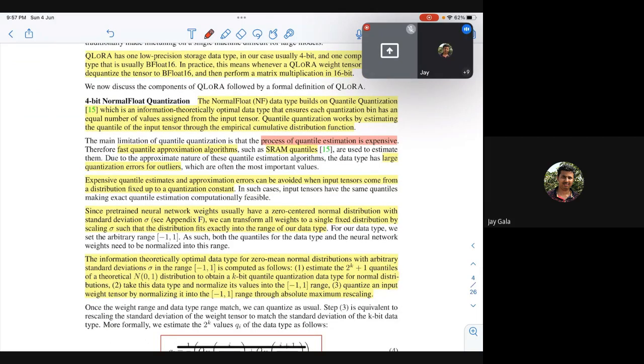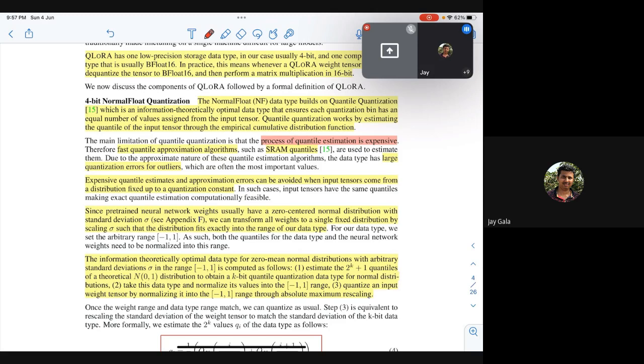And yeah, so this 4-bit normal float quantization essentially tries to ensure that the quantization bins have equal values assigned. This is inspired by information theory, where they propose an information-theoretically optimal data type that ensures the quantization bins have an equal number of values in each input tensor.